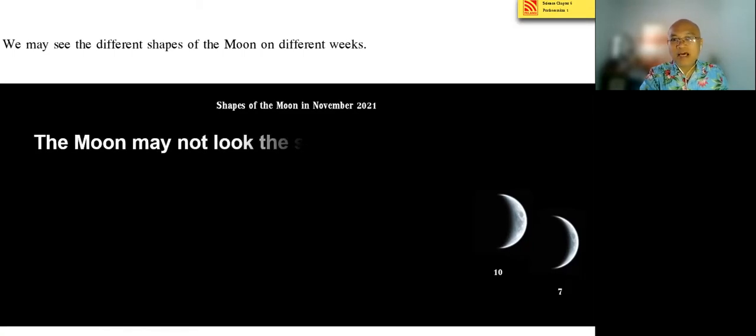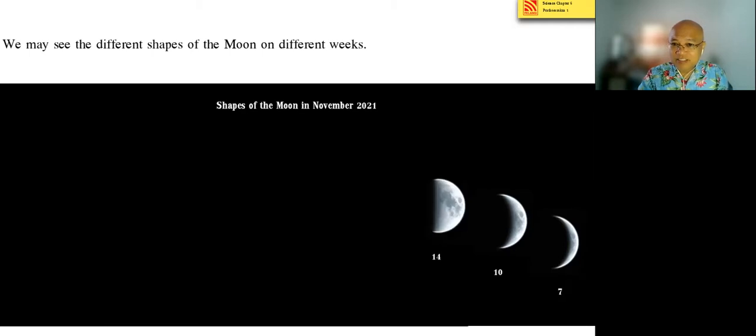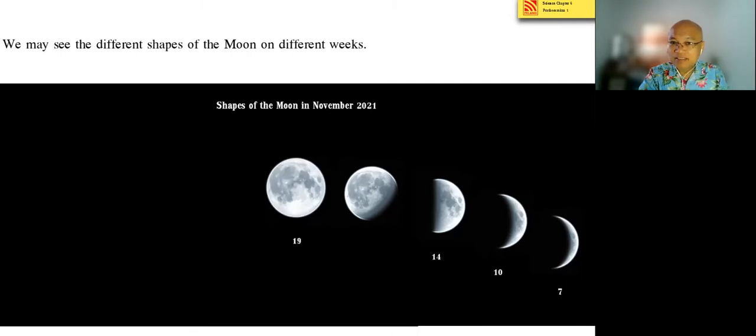The moon may not look the same every night, as you see in the third week on day 14. It's bigger now, like half of the moon. In the fourth week, you see that it's almost full, a full moon on the 19th.